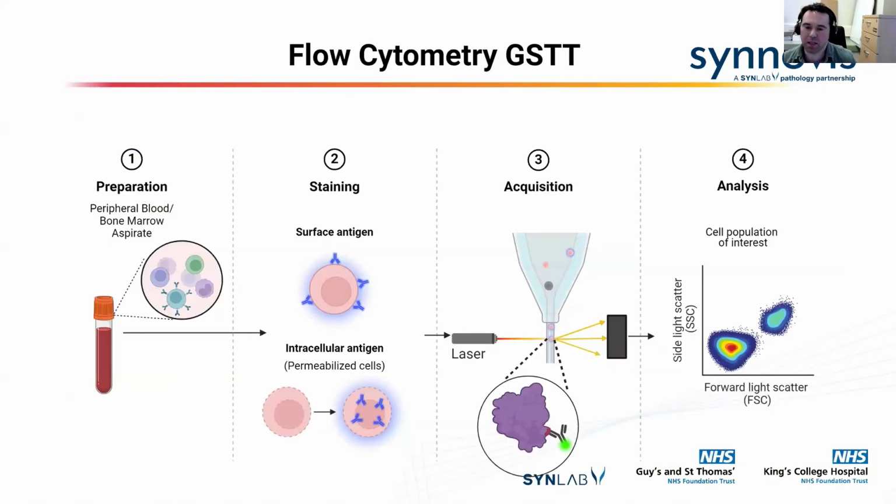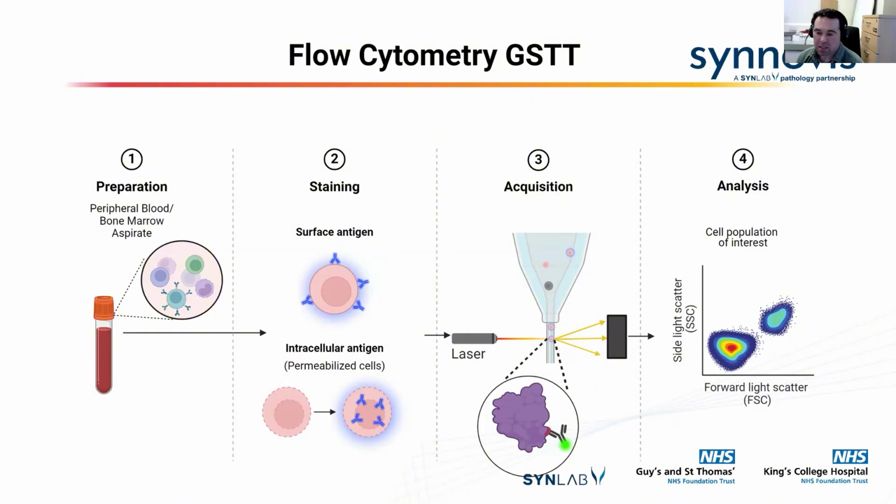And this is just a little diagram of how samples are processed for flow. So first, we get our sample from the clinicians. We have peripheral blood or bone marrow, or we also do fine needle aspirates or CSF samples.